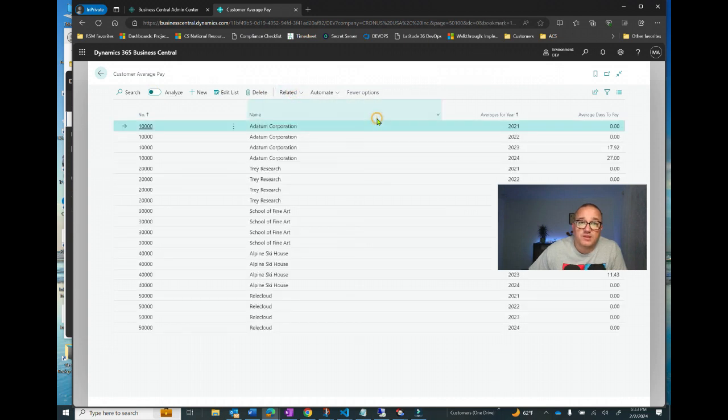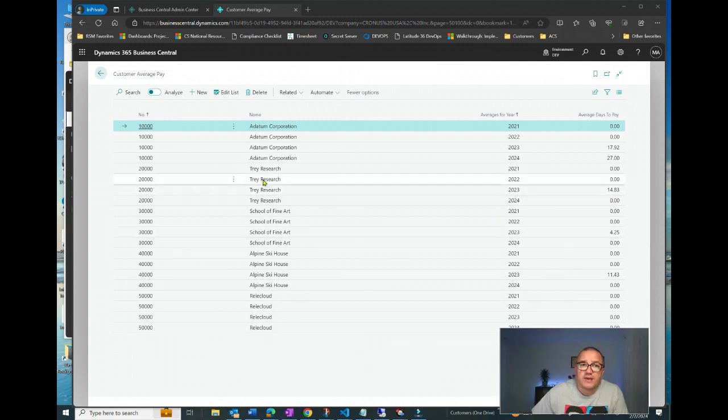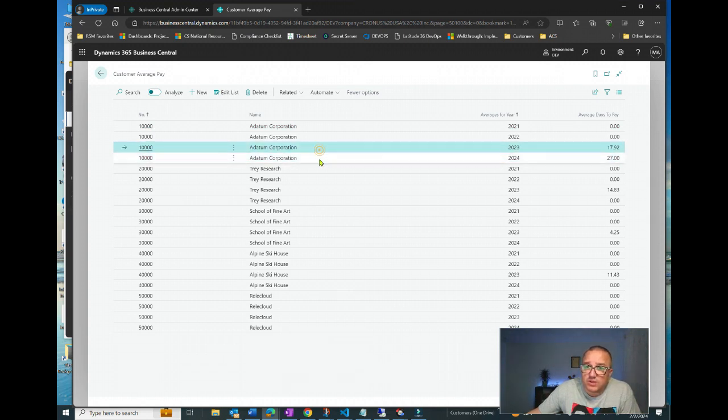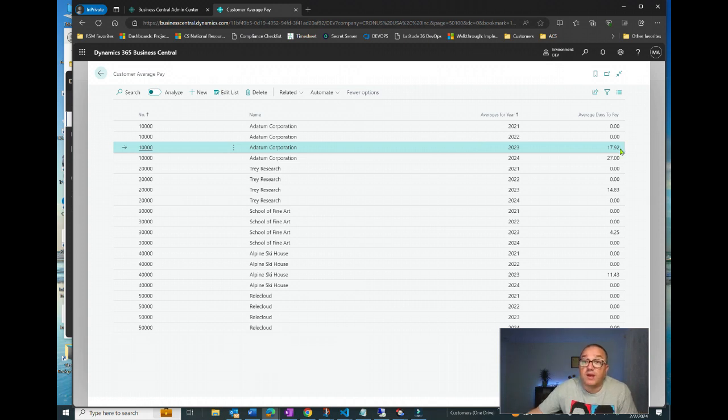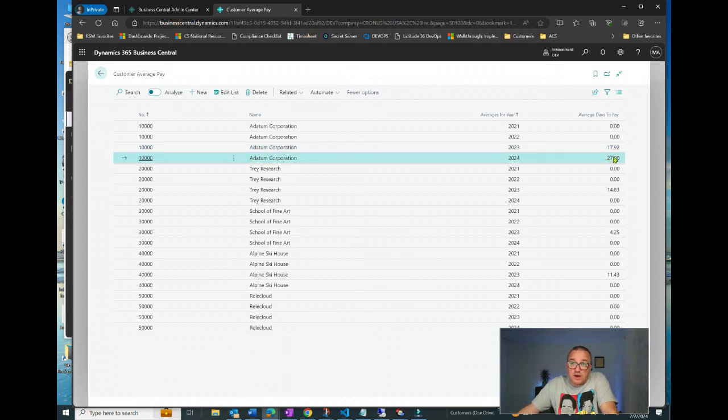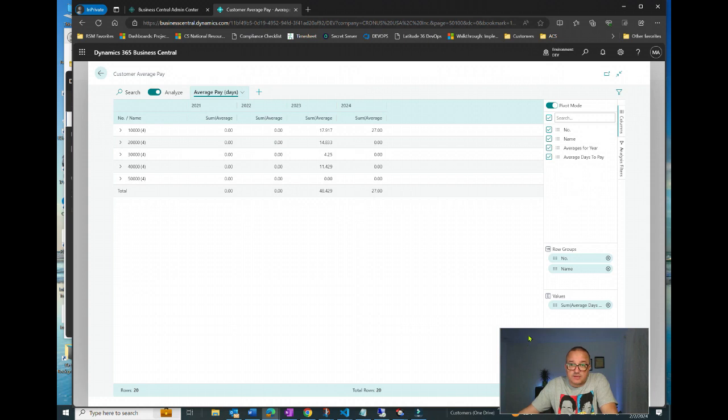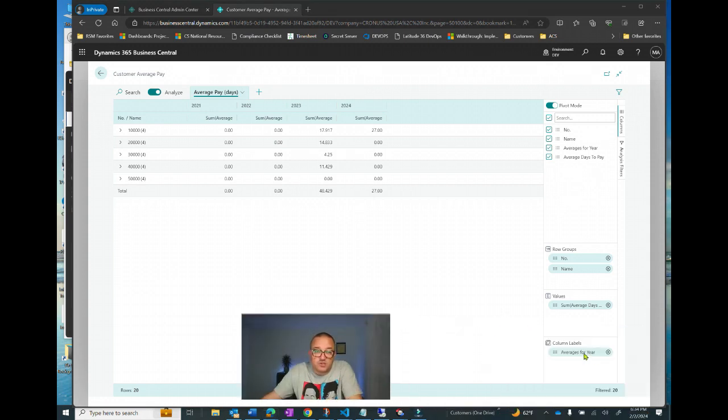I want to first get the data, and when I get the data, I get a record for each customer for each year, and we can see some activity in 2023 and 2024. It took this customer in 2023 17.92 days to pay his invoices, and a little bit more in 2024. If we move into the analyze mode, as you can see here at the bottom, I pivoted by the average in years.